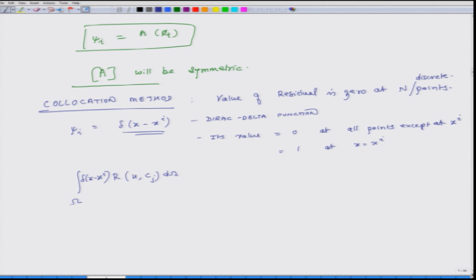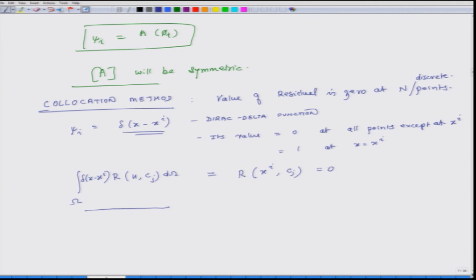If you go back and check your mathematics, the value of this integral is equal to the residual at location x I, and of course, it is a function of Cj.